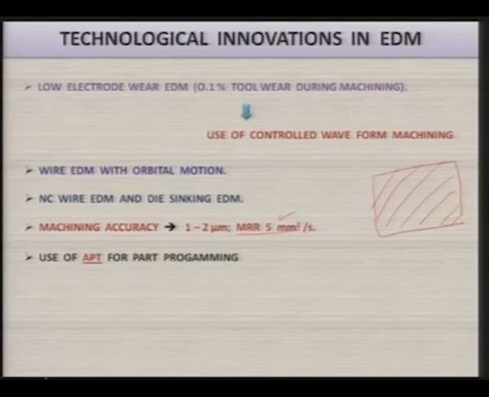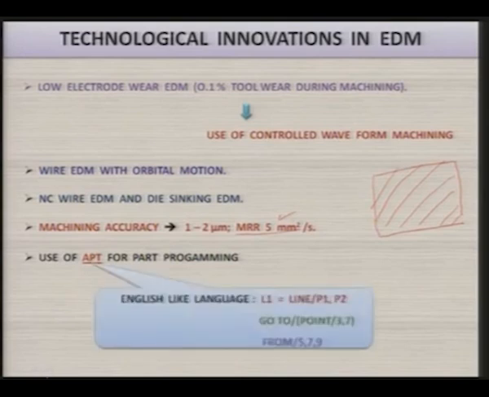Now, for preparing part program, you can use various languages. One of them is the APT, automatic programming tool, that is quite simple. In this particular case, you use English like language, like L1 is certain line which you are able to define by line. P1, P2, P1 and P2 are the 2 points like this, as you can see here, and by this statement you can define this.